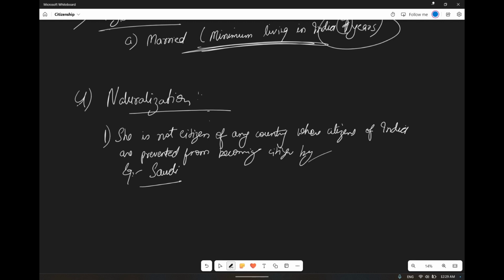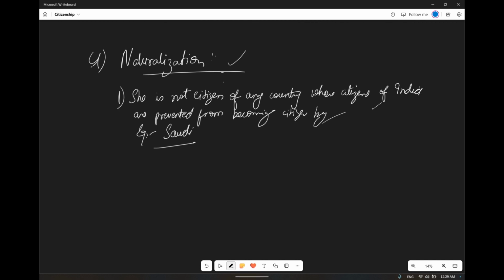So one condition is that she is not a citizen of any country where citizens of India are prevented from becoming citizens. Let us suppose in Saudi, Indians are not allowed to take citizenship there. Thus, the people of Saudi are also not allowed to take citizenship in India through naturalization.